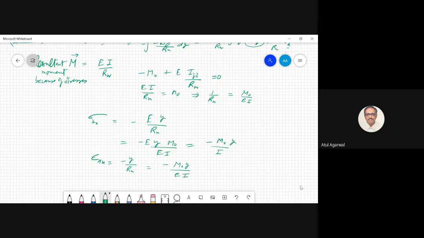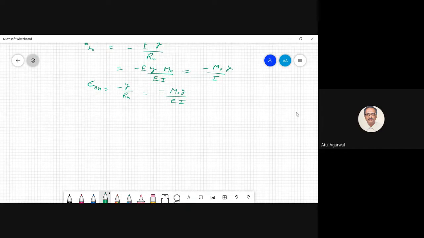So you get your strain and stresses. You assume some deformation, and from that assumed deformation, you found the strain, and then you found the stresses. Stresses you found by using equations of equilibrium.